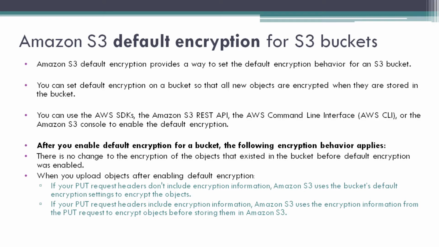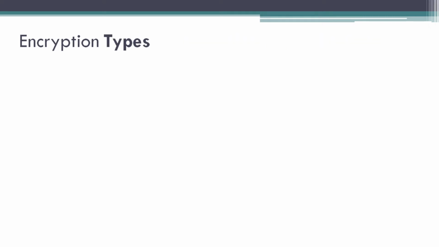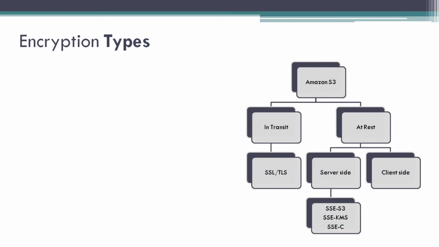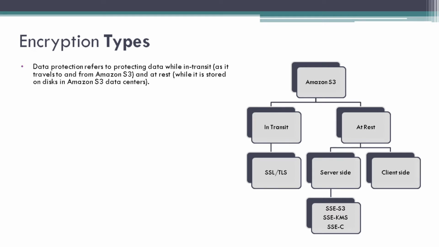So you can have different encryption properties for your objects in Amazon S3. Okay, so now we will see encryption types. Now we will see what are the different encryption types available in Amazon S3. We will see them one by one.